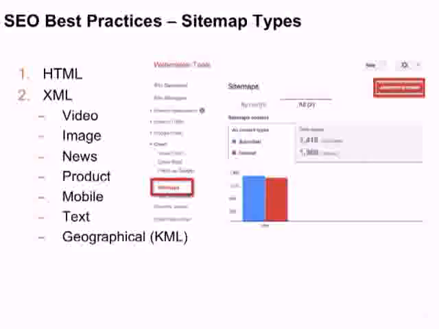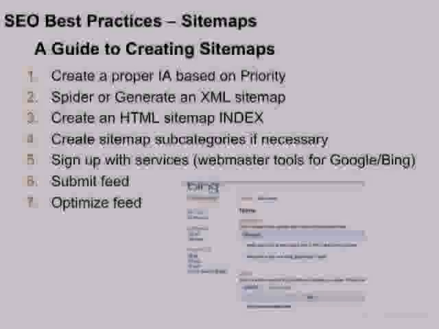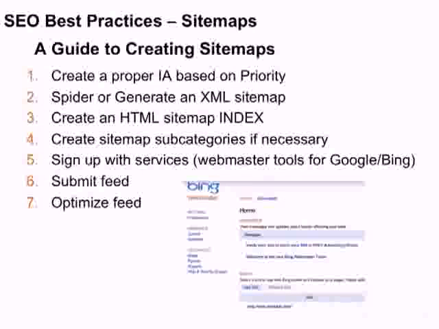So when you're going to create your sitemap, the first thing you want to do is create that proper information architecture based on the priority, based on where you want the search engines to see an individual page. And then we're going to spider or generate that XML sitemap, create a HTML sitemap index.